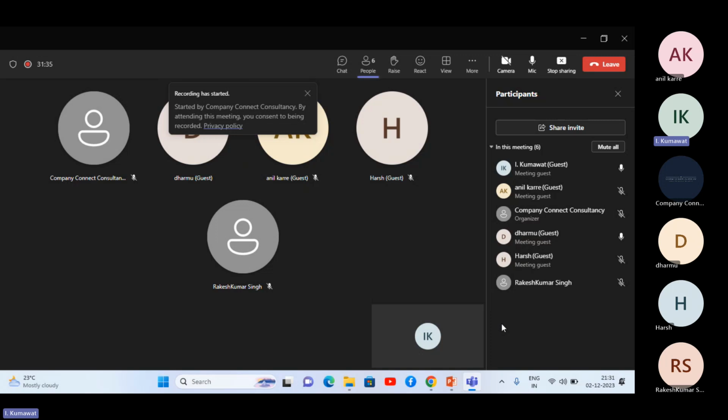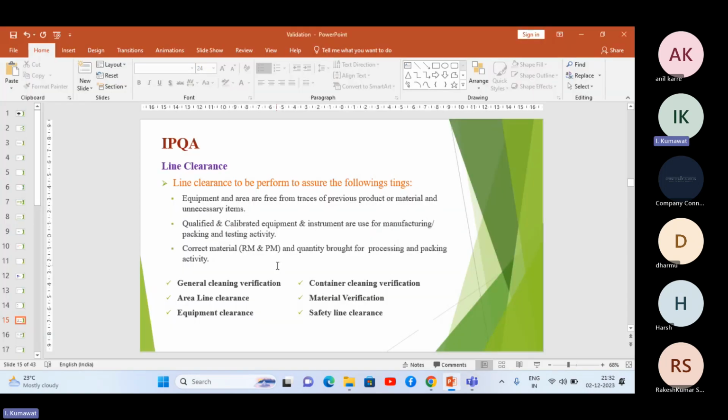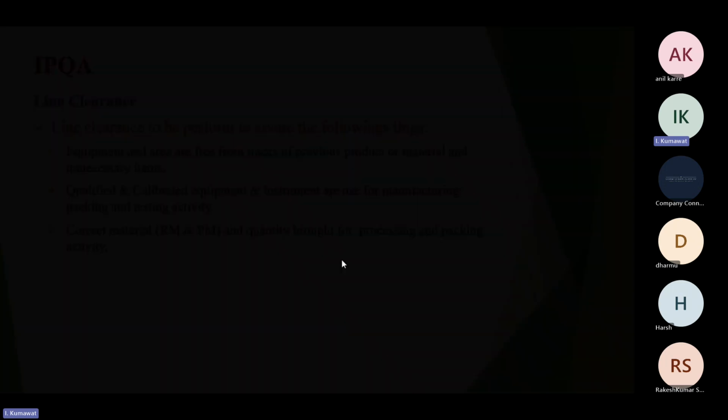Are you aware of line clearance? Okay. So the line clearance, we can see.